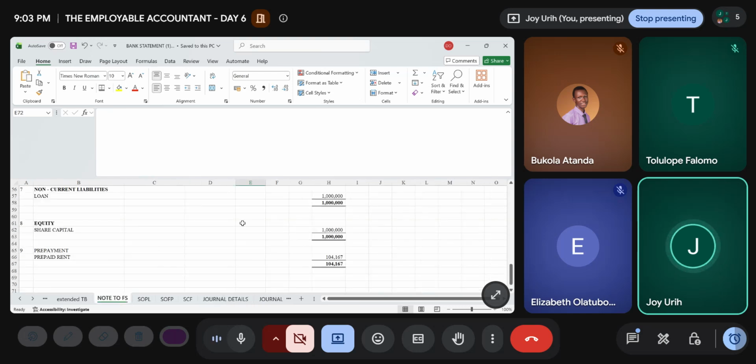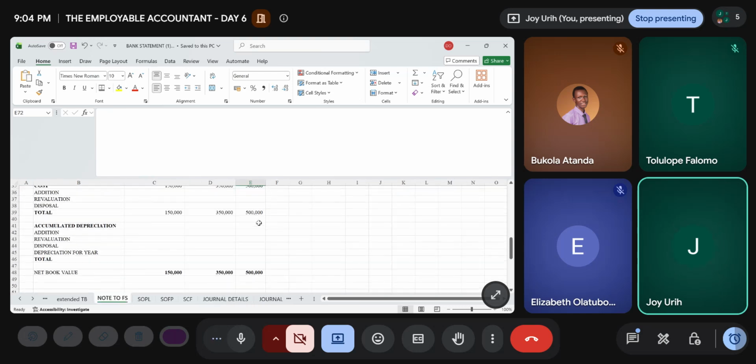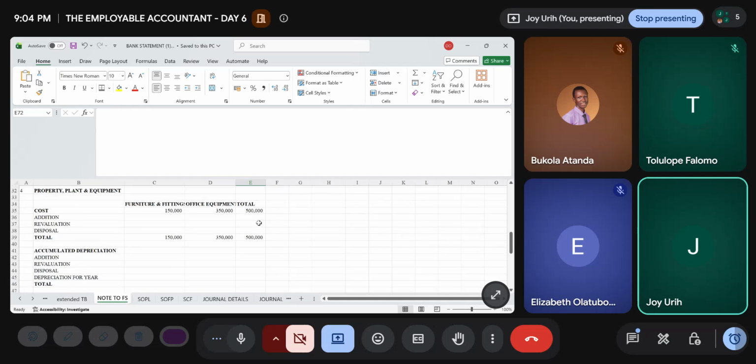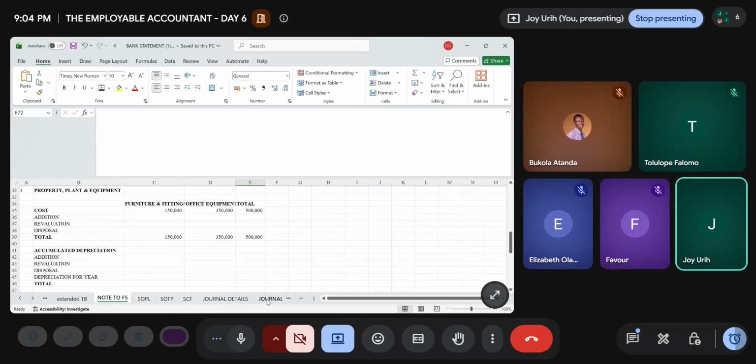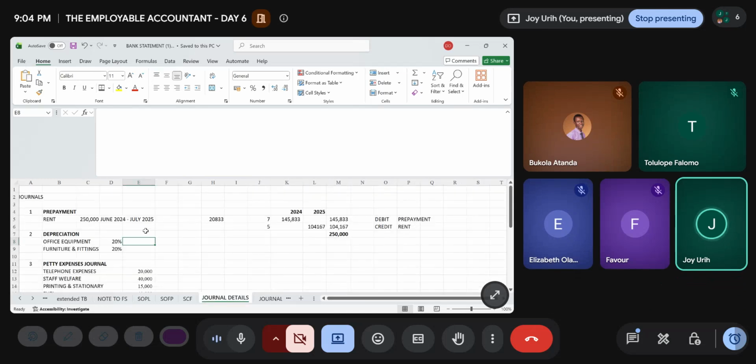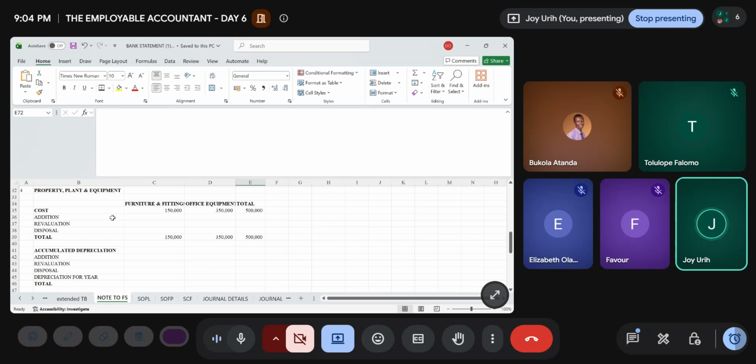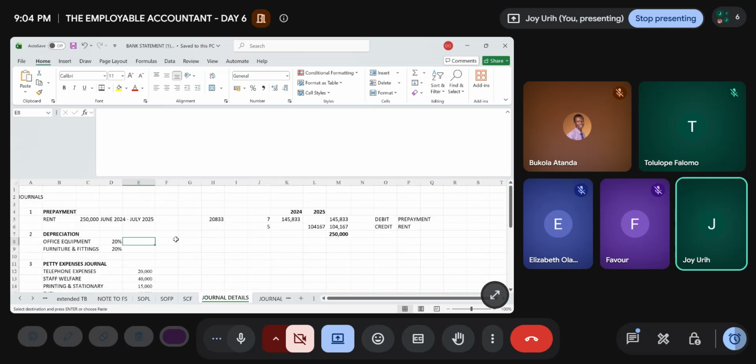So we'll go to the note to the account. All right, so let's do it here. We'll get the figure for furniture, 150,000, and office equipment, 350,000.